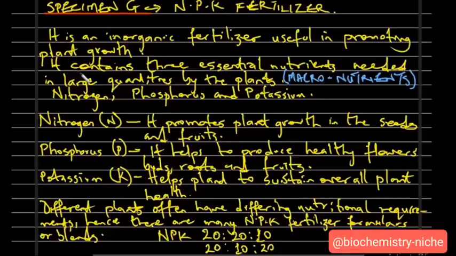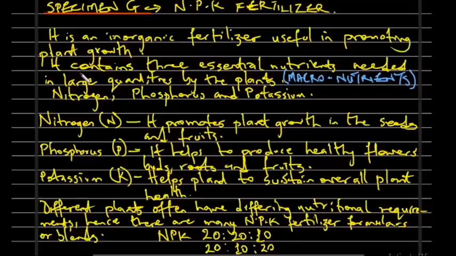That is why there is a formula that has been produced for different plants. So different plants have their own type of nutritional requirements. So we do not have all NPK formulas in the same proportion or in the same ratio. We have them in different ratios depending on the nutritional need of the specific plants. So we have some of them that are found in this formula.